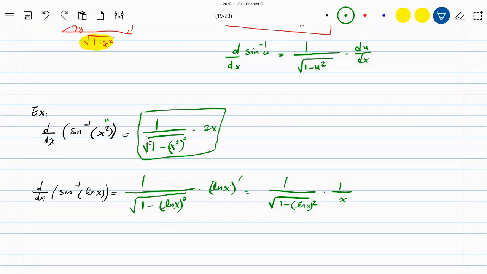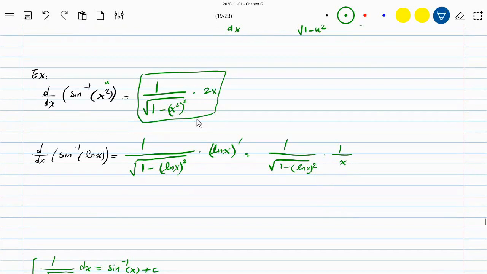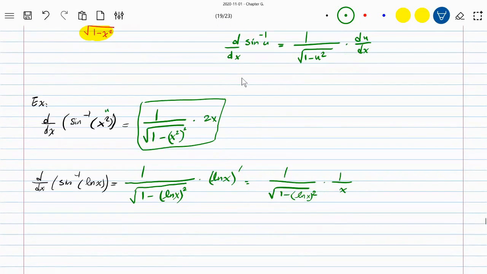Sorry about this. Okay, ln x squared. Nothing complicated as long as you apply the derivative properly.